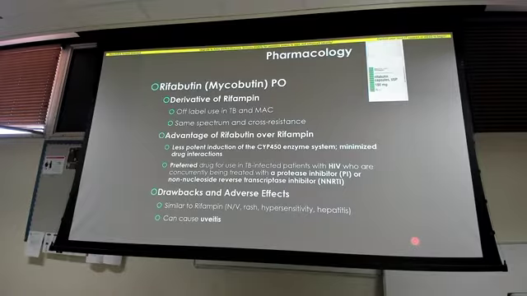When I look at my rifabutin, this is the drug that we were just talking about where we said, hey, I have less side effects, right? I have less of that inducing effect. This was the question that was asked earlier. If I have my HIV patient who is probably going to be on a lot of meds that rifampin can induce, treatment failure in HIV is horrible, right? Because now I'm not helping them combat that viral load.